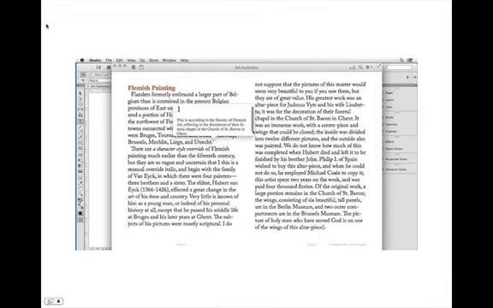So in this digital text about Flemish paintings, there's a little one after the name of the city of Utrecht with a footnote. It's not citing a source, but it's adding information that is not pertinent to the sentence in the text, but that is relevant to any reader. And so this is another way of thinking about annotations.